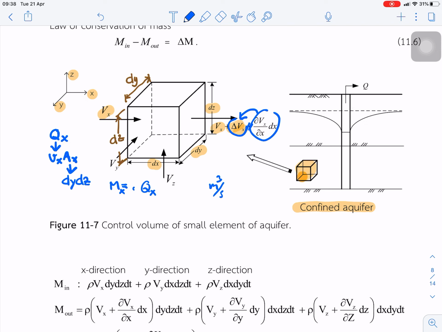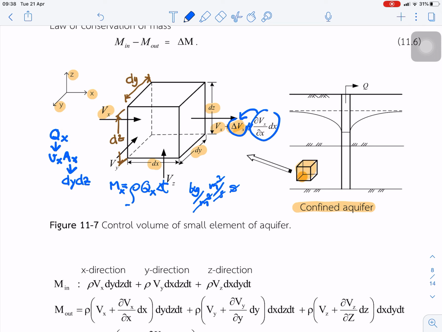So we have to multiply by density, which has the unit of kilogram per cubic meter. You can see that this one will cancel, and we have to multiply by delta t. If we multiply by delta t, the seconds cancel, so we get the unit of kilogram, the mass.